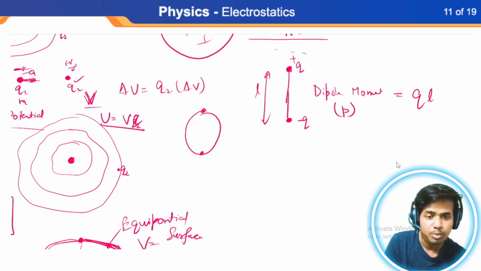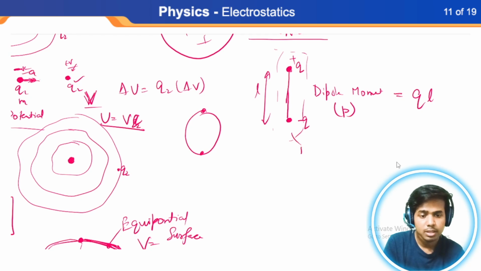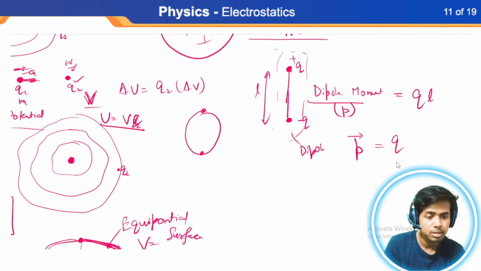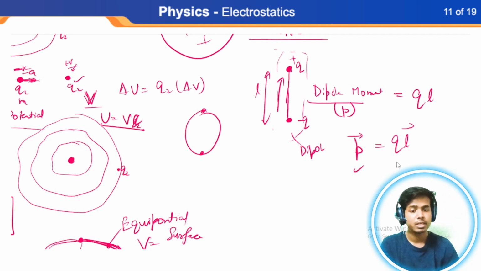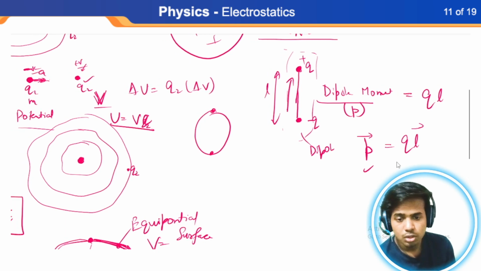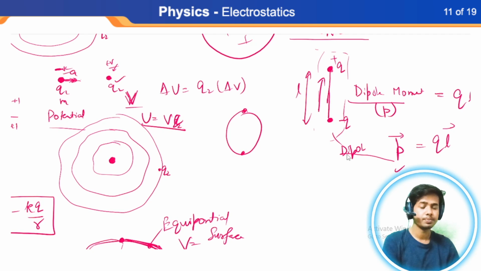This system is called a dipole. And इस dipole के लिए dipole moment हम define करते हैं. If you talk in terms of direction, it is from the negative charge to the positive charge. Of course, it is a vector quantity. So the direction will be from the negative charge to the positive charge, whatever direction it is. Okay, so this is about dipole moment.